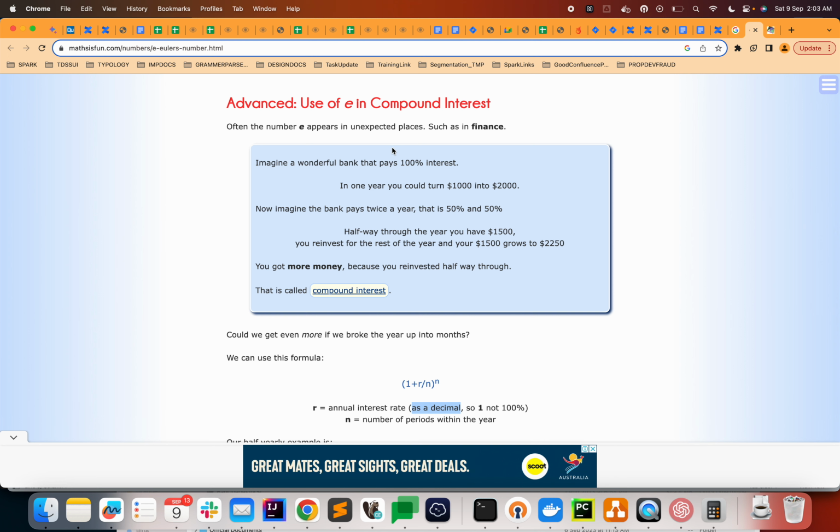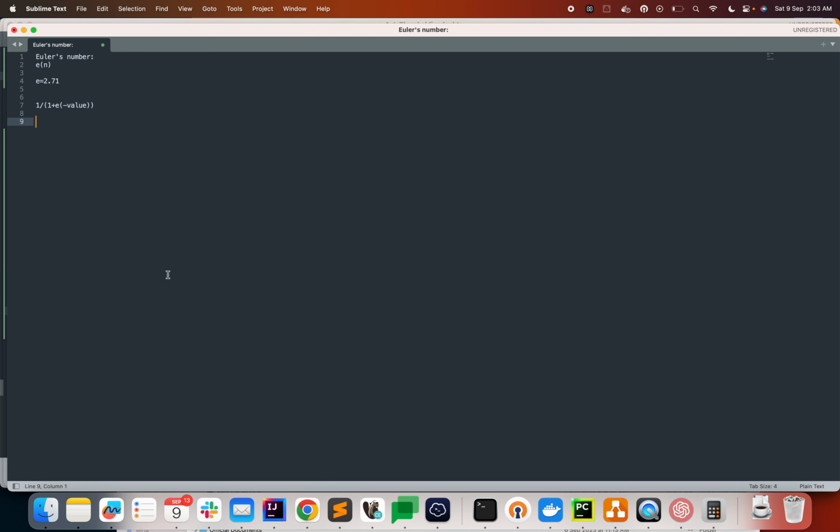Let's say you have invested 1,000 in a bank for 1 year. If the bank is saying they are going to give 100% interest rate.